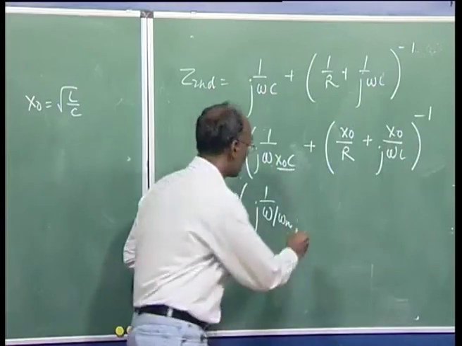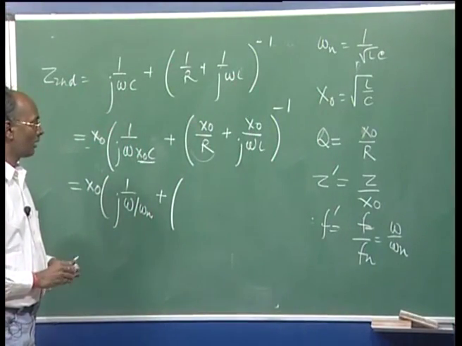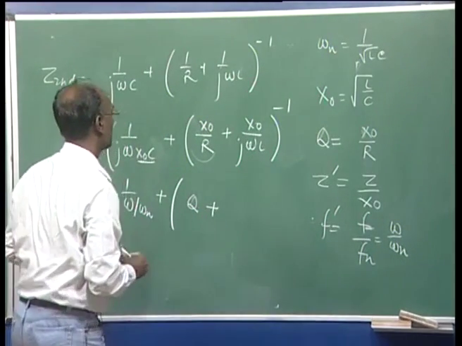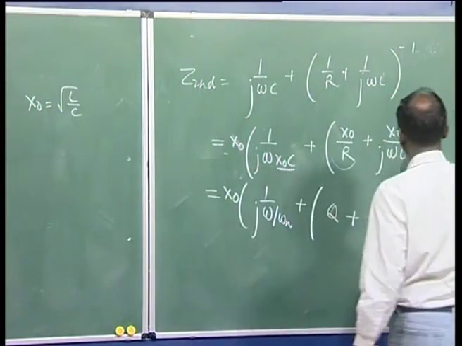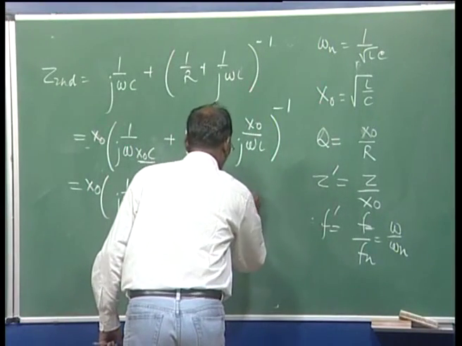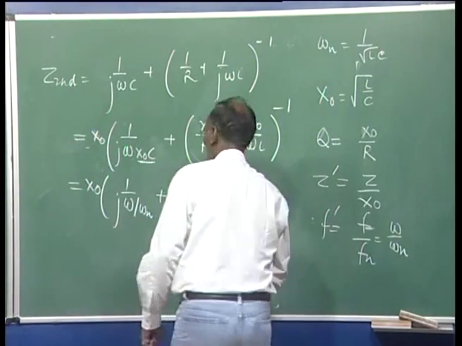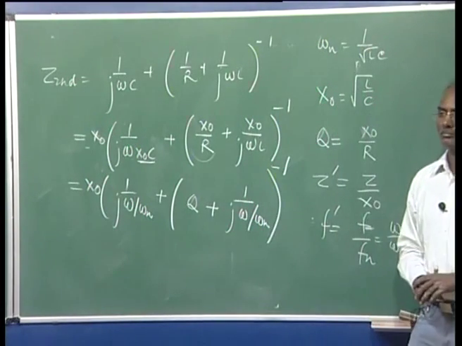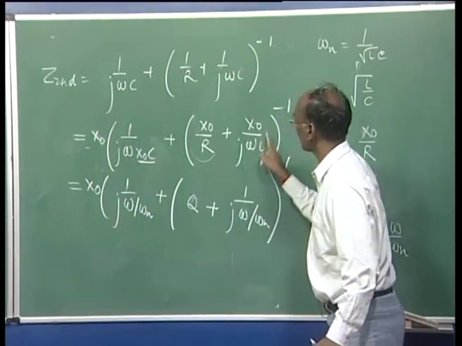So, here it will be omega n, now plus this value, it is Q. Now what will be this value? It will be 1 over j omega divided by omega n. I think this will also be the same, because this is in similar fashion, here it was combined together, here it is omega L upon this.